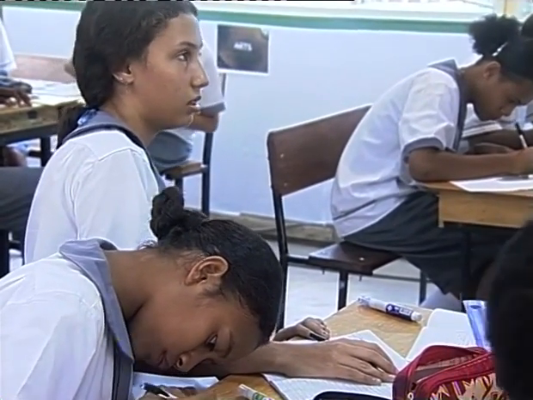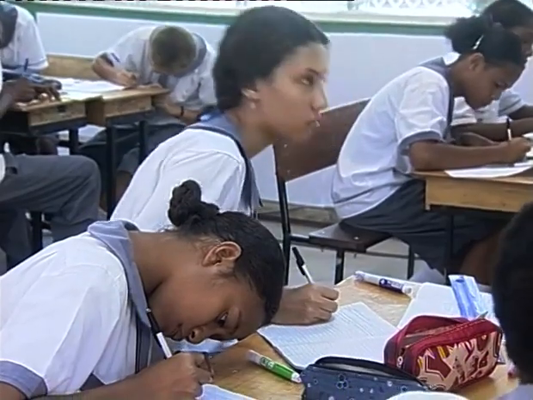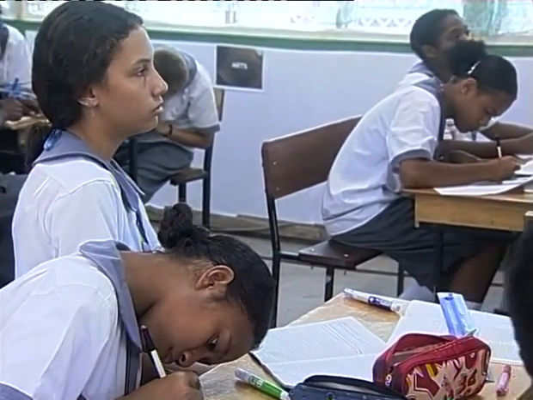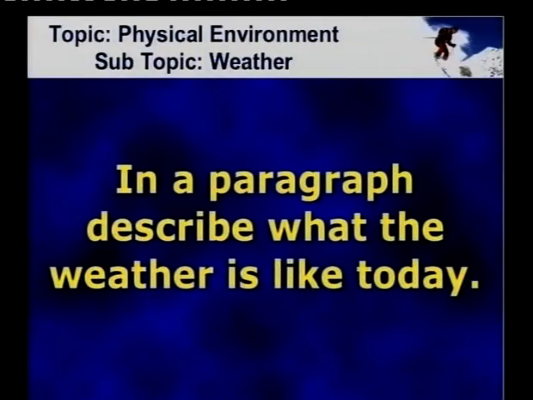If you just happen to look outside, look out of the window, receiving students, I'd like you to describe in a short paragraph what the weather is like today. So as I said, you look out of the window and look around. What is the weather like today?